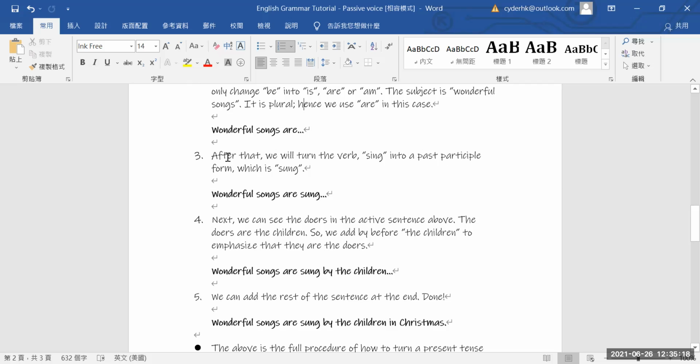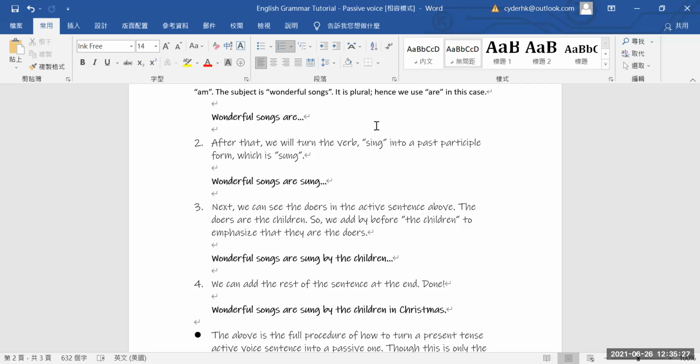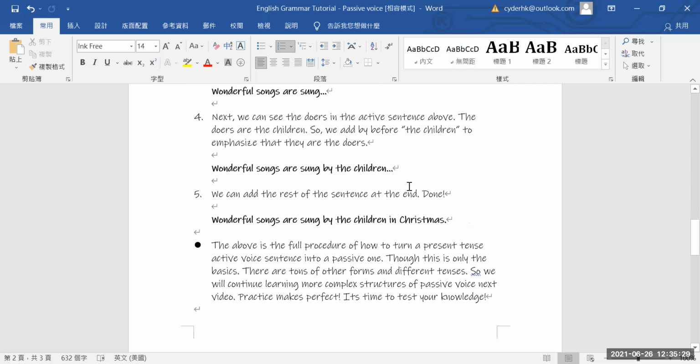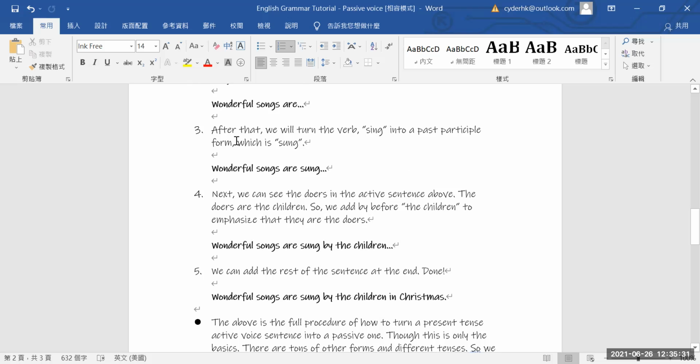Then after that, we'll turn the verb sing into a past participle form. According to passive voice, we need to change the verb into past participle form, which is sung. If you're not familiar with this, go check it out. I think a lot of you know this. Sing, sang, sung. Sung is the past participle form of sing. So yeah, wonderful songs are sung.